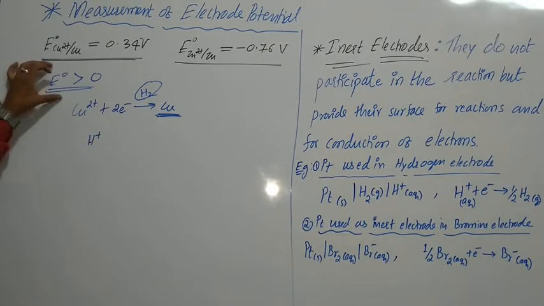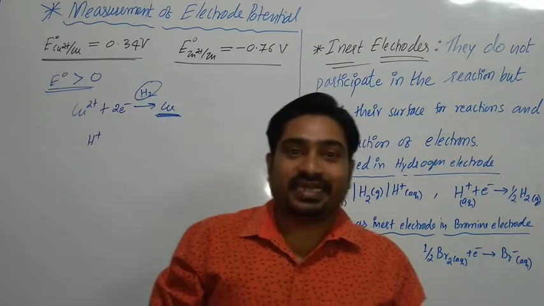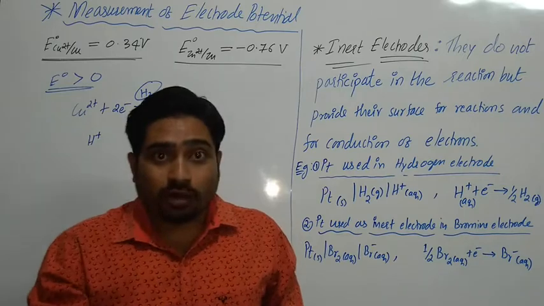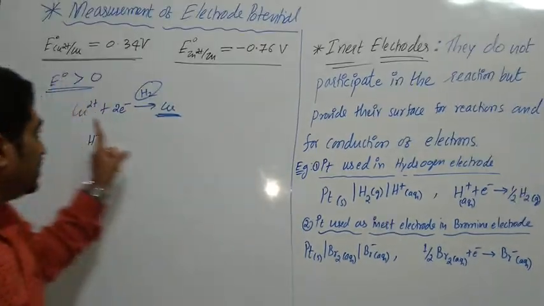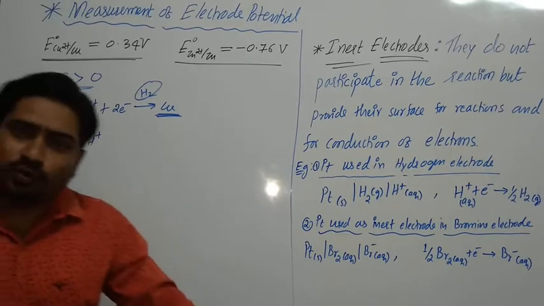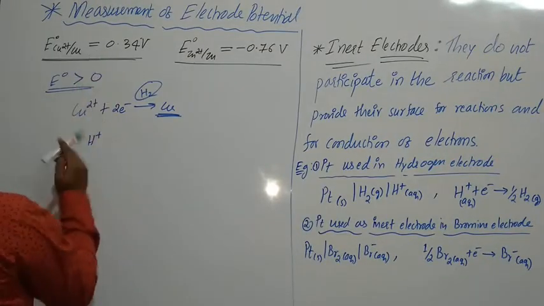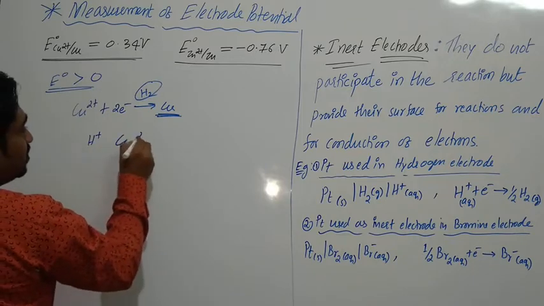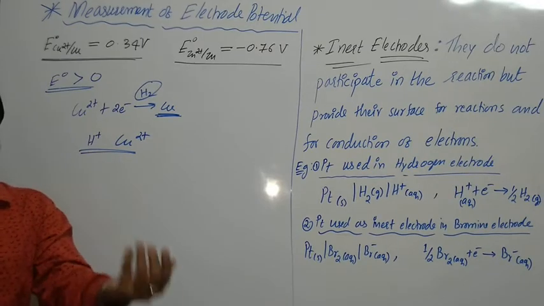If the electrode potential of any metal is found to be positive, that clearly indicates that the reduced form of the metal is more stable than hydrogen, meaning this metal ion is reduced more easily than hydrogen ions. We are comparing these two ions. Which ion is reduced more easily?